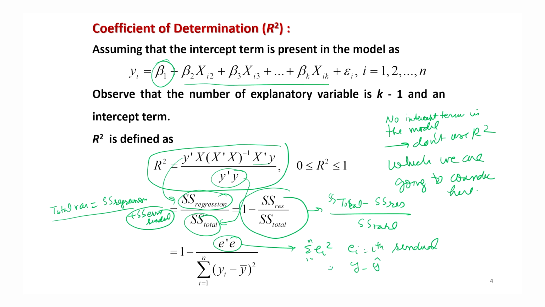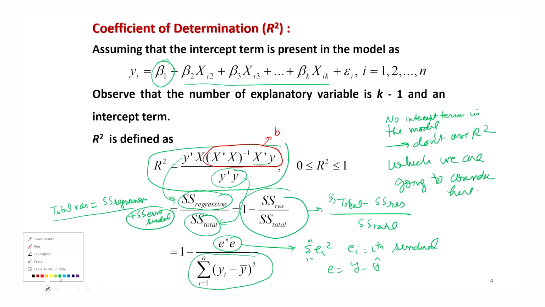and e_i is the ith residual that we have obtained using the ordinary least squares method, y minus y hat. This was your e vector, right? And then the total sum of squares can be obtained by the summation of (y_i minus y bar) whole squared. So you can see this definition depends on the ordinary least squares estimator. If you look at this component, (X transpose X) whole inverse X transpose y is simply your b, right?